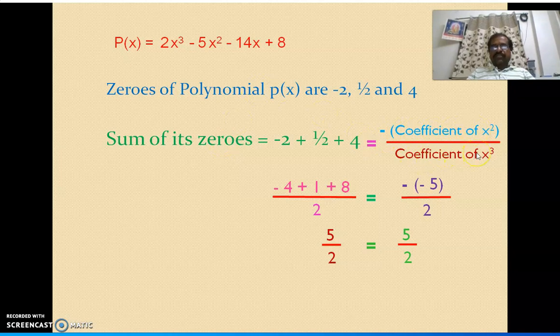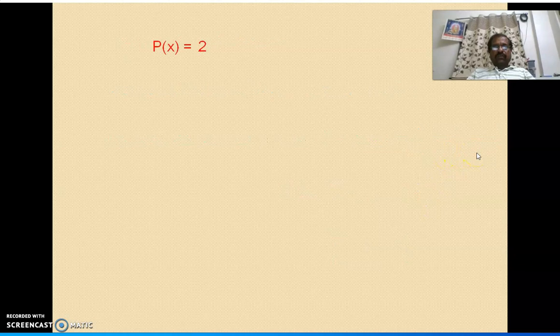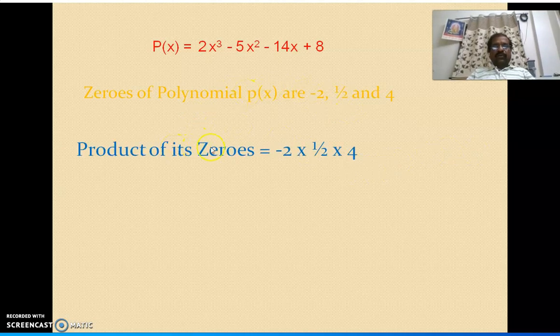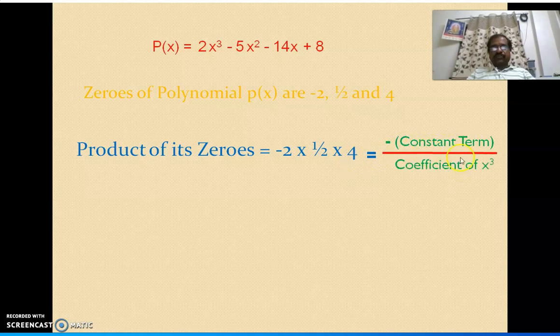coefficient of x cube. Now P of x is equal to 2x cube minus 5x square minus 14x plus 8. Zeros of the polynomial are minus 2, 1 by 2 and 4. Product of zeros, minus 2 into 1 by 2 into 4, is equal to minus constant term by coefficient of x cube. A similar property holds for a cubic polynomial.